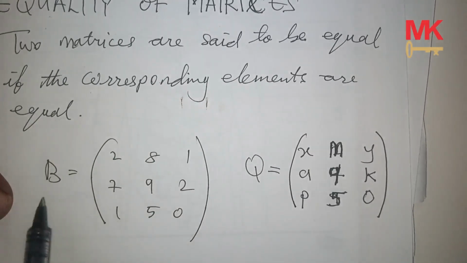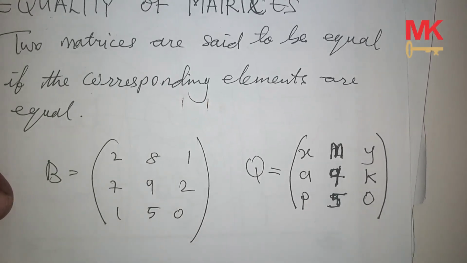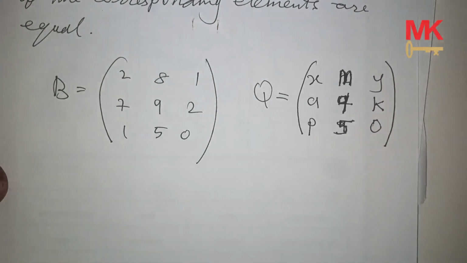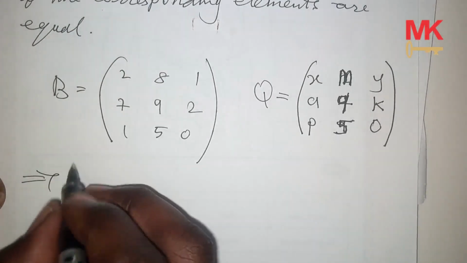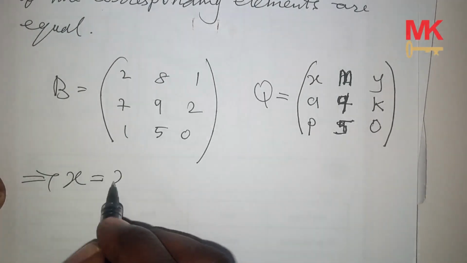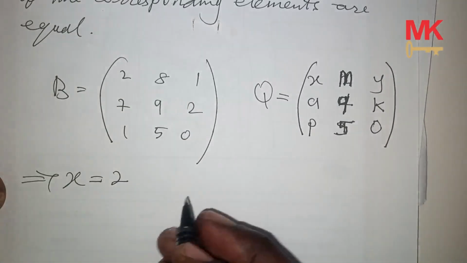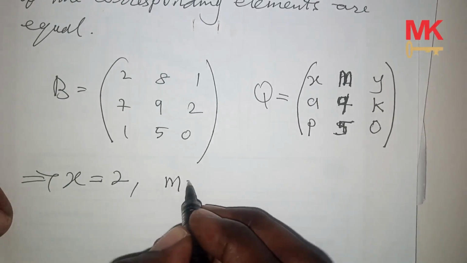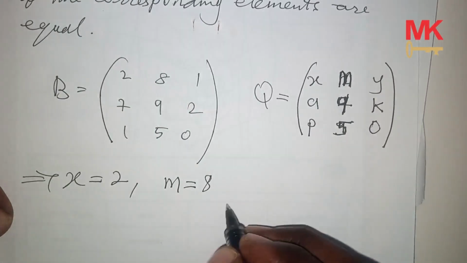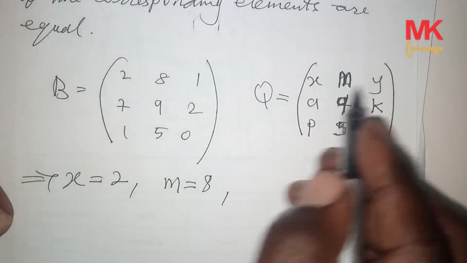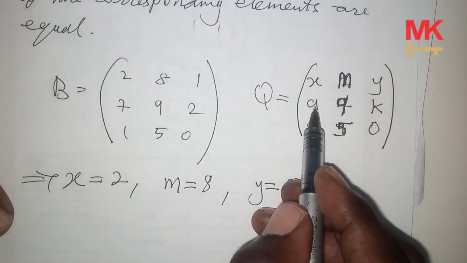So if they ask you to say B is equal to this and Q equal to this, and both matrices are equal, then by implication, we can easily find the value of X. And that implies that X is obviously 2 correspondingly, since the two matrices are equal. Similarly, M is equal to 8. They're in corresponding positions. And Y is equal to 1.